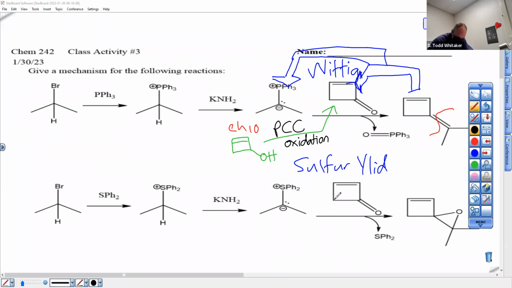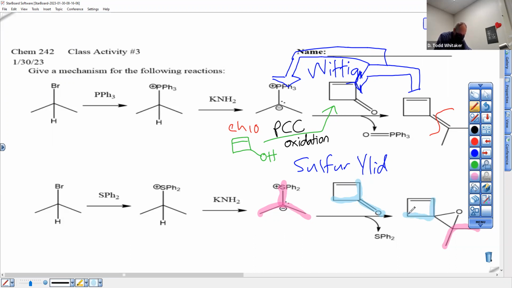And how do you predict the pieces? Sulfur ylid piece is there, isn't it? Carbonyl, former carbonyl piece was here. Pink was sulfur, and blue was the carbonyl.